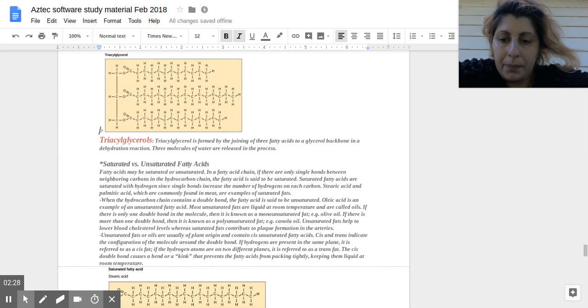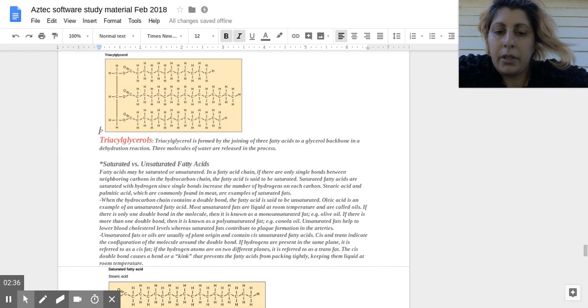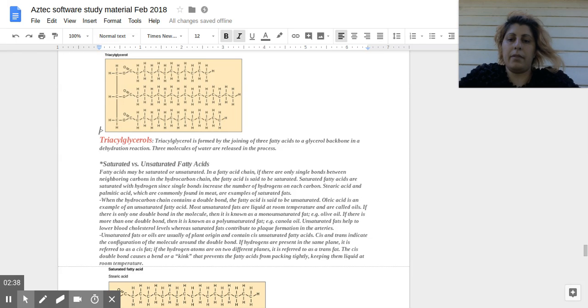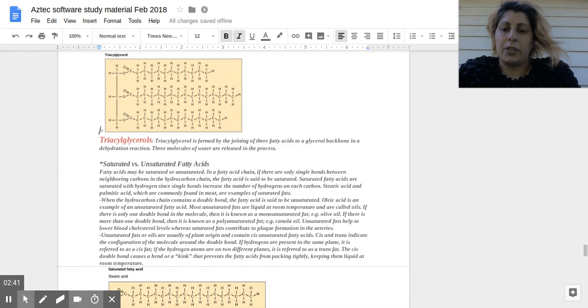Okay, so here it says that unsaturated fats help to lower blood cholesterol levels, whereas saturated fats contribute to plaques in the arteries.